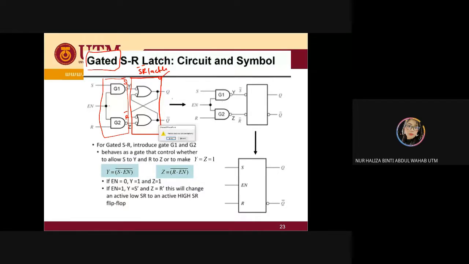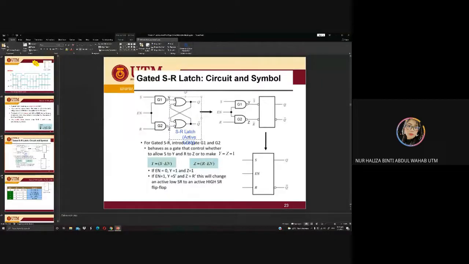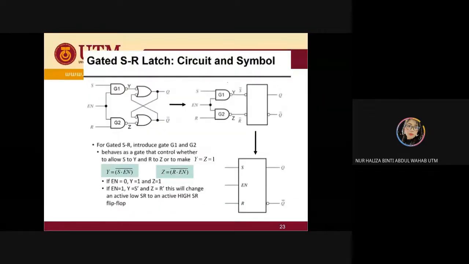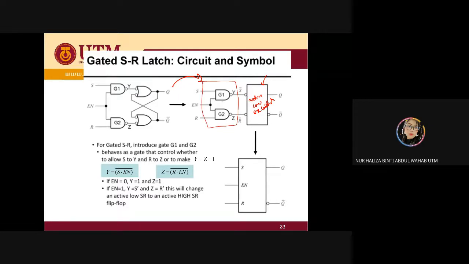So in the example here, when you have the circuit here, you combine it and you will get the active low SR latch, and you combine that with this combination of logic circuit, you get altogether the gated SR latch.